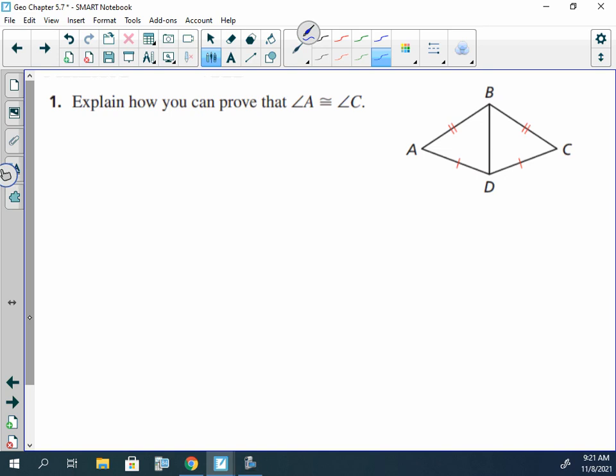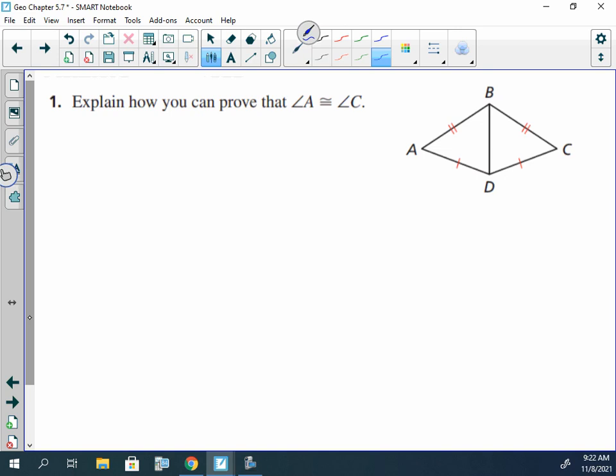Explain how you can prove that angle A is congruent to angle C. Now at this point here, do we have any information about the angles themselves? Well, no. We don't, because we need at least two angles to find the third, or know something more about the angles. However, if I can show that the two triangles are congruent, then their corresponding parts would be congruent as well.